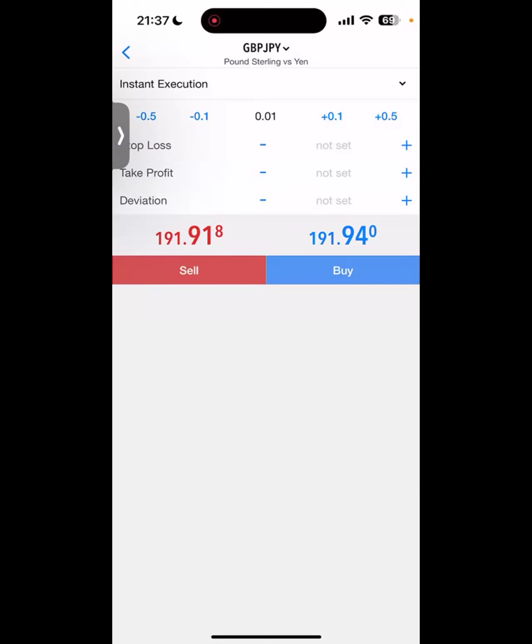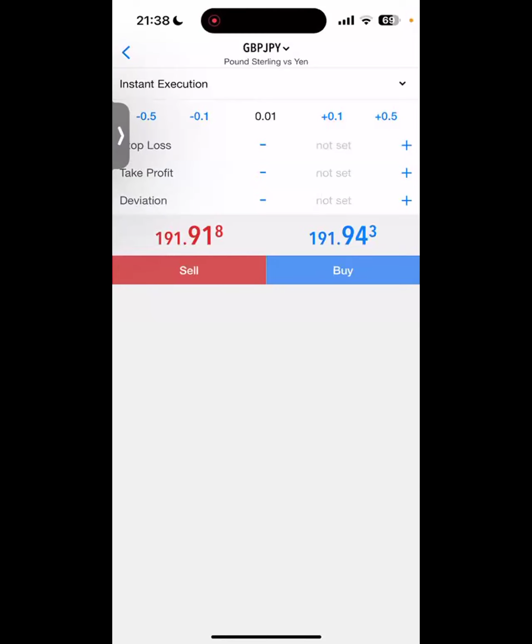So before you press sell, you want to take note of the lot sizing. We have a risk management of 1 to 3% of your account size per trade. So for every $100, your lot size is 0.01 to 0.03, which is $1 to $3. If you have $200, just apply the math I did for 0.01.